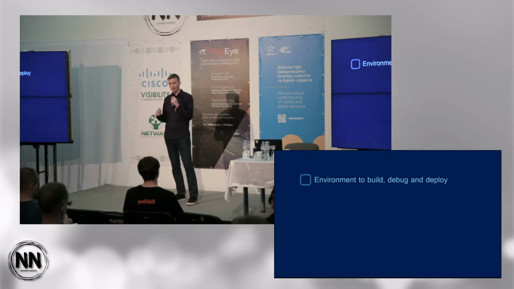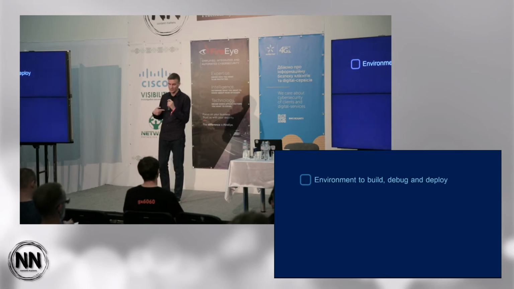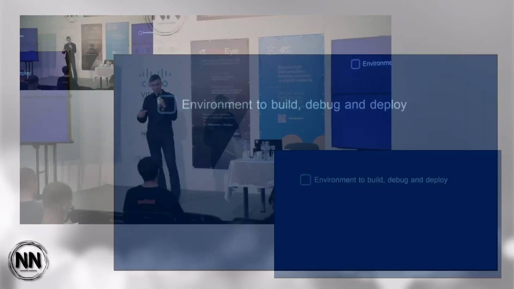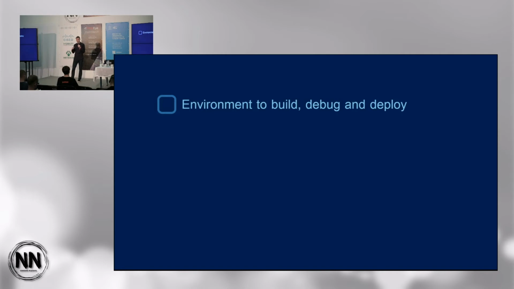So, for example, what we found with our pen testers and the guys we hired, the most important thing for them was the environment where they can build, debug, and deploy our product. So it's not just the working instance of the application. It's rather the place where you can build it from Visual Studio, where you can set breakpoints, where you can trace the variable values and see the internals of the program.